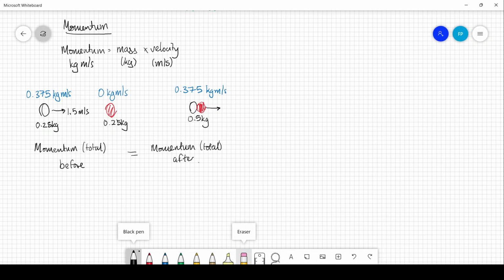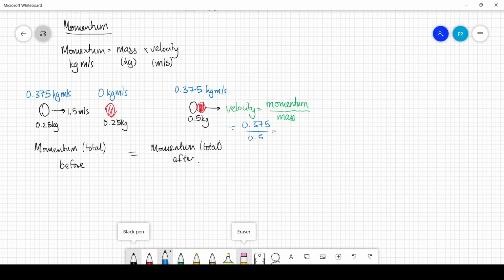Now if we do a bit of maths, we can calculate the velocity by having the momentum divided by the mass. So this would be equal to 0.375 divided by 0.5.